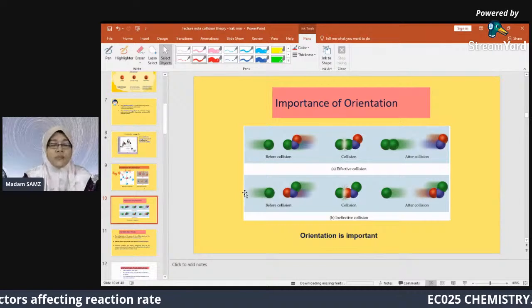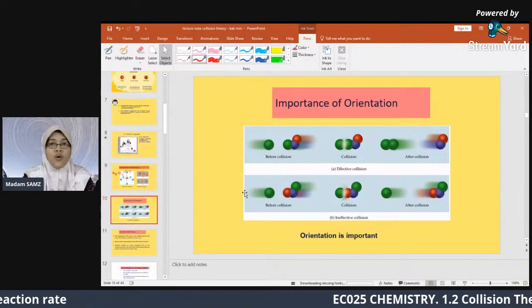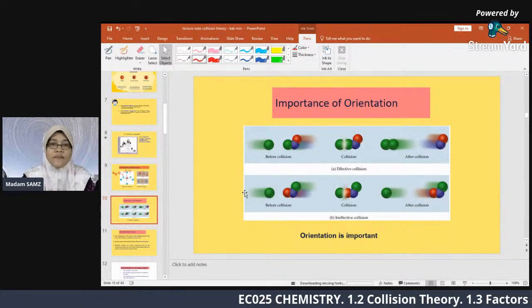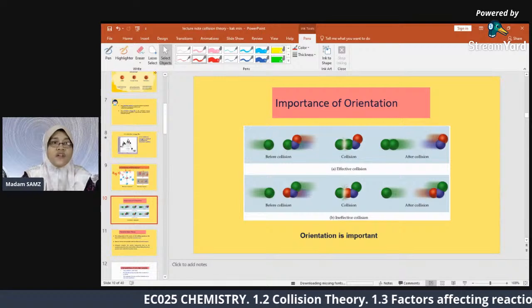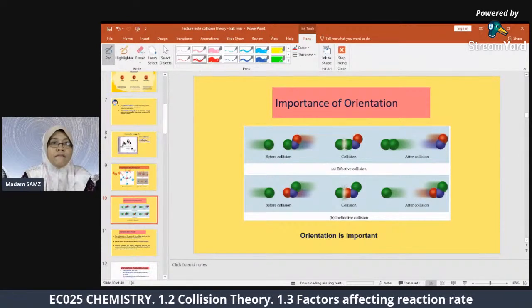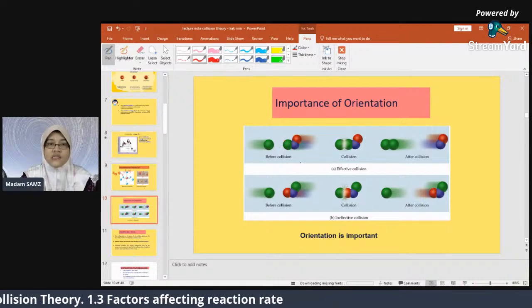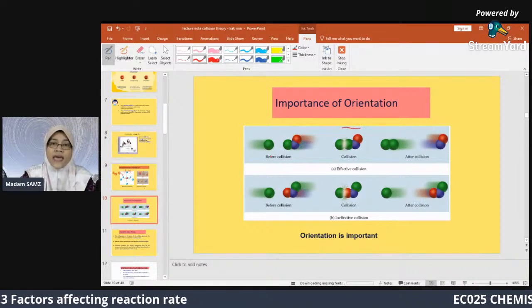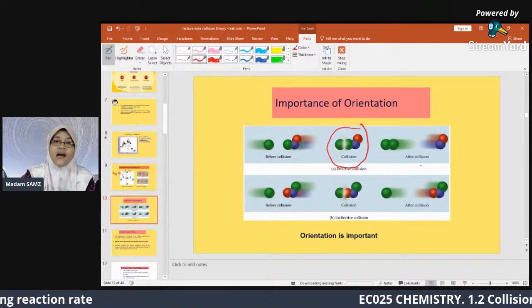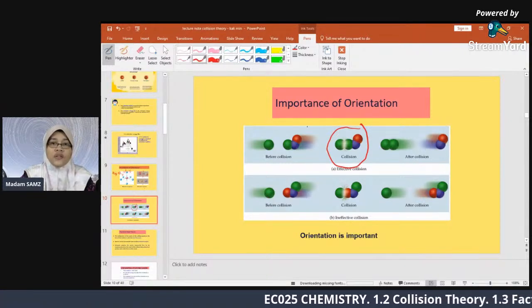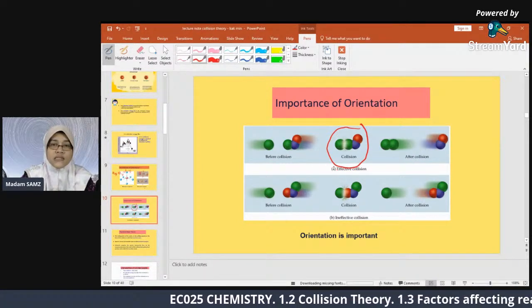Another example for orientations is here, the first one. We have reactants before collisions, during collision, and after collisions. So first, effective collisions.